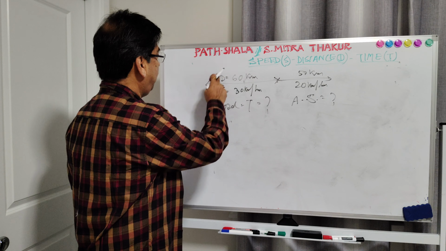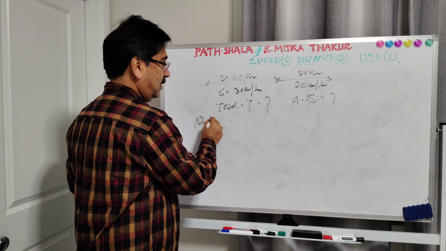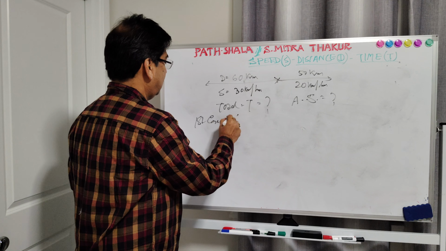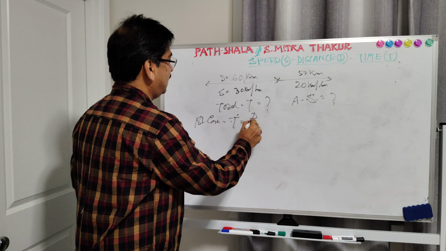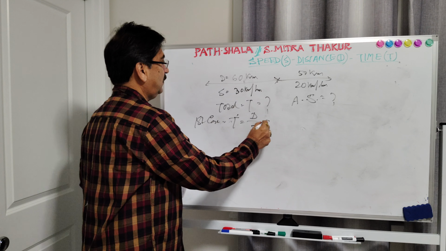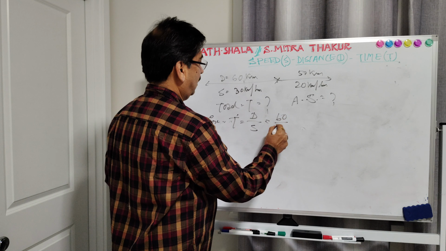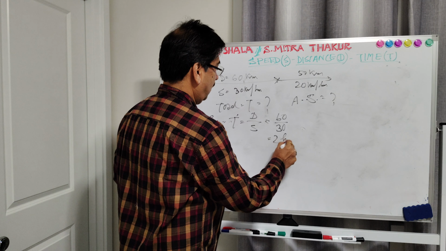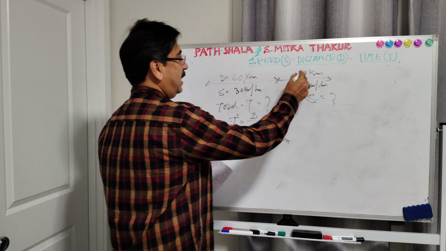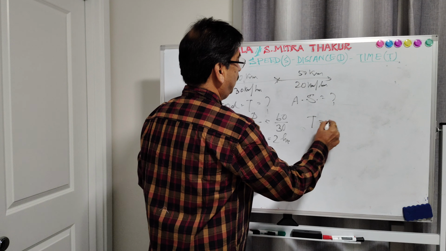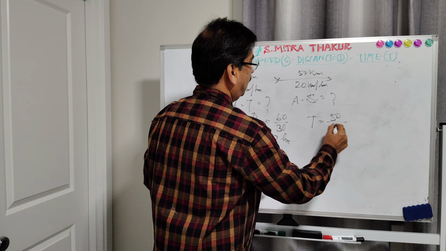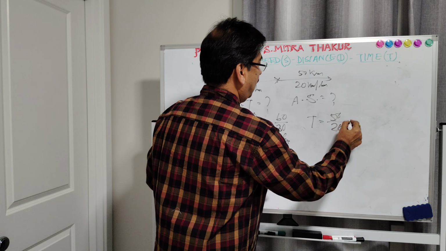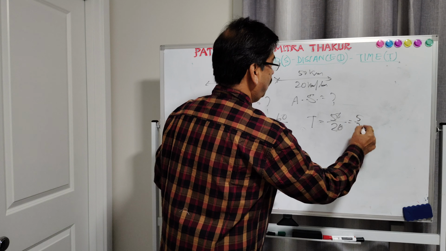So here in the first case, time will equal distance by speed. That is 60 by 30. That is 2 hours. Right? And in the second case, time will be 50 by 20. That is 5 by 2 hours.